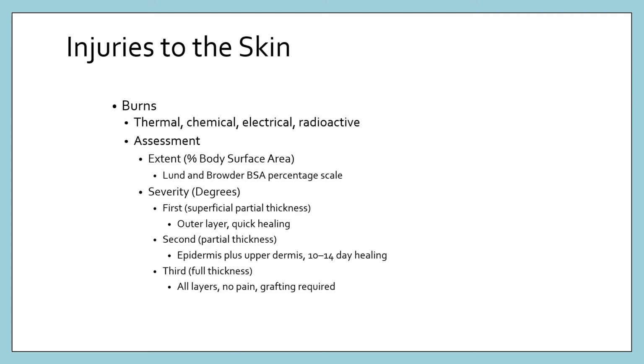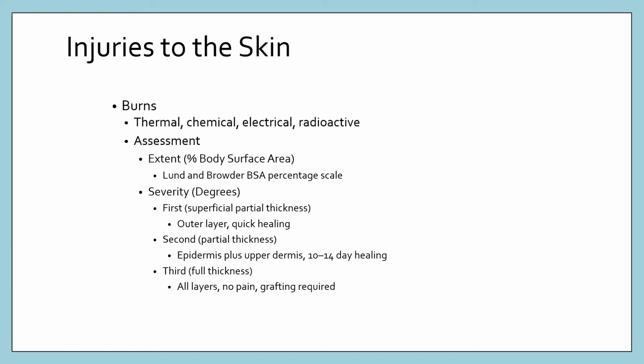I don't test on it, so you won't have to memorize it. We also look at the severity of the burn. There's first degree, second degree, and third degree. Also, an alternate name for this is superficial, partial thickness, or full thickness. You'll want to know the different classifications here for testing purposes.